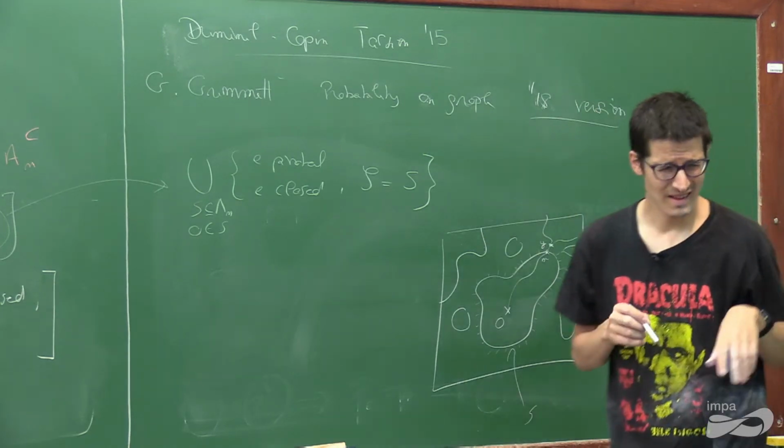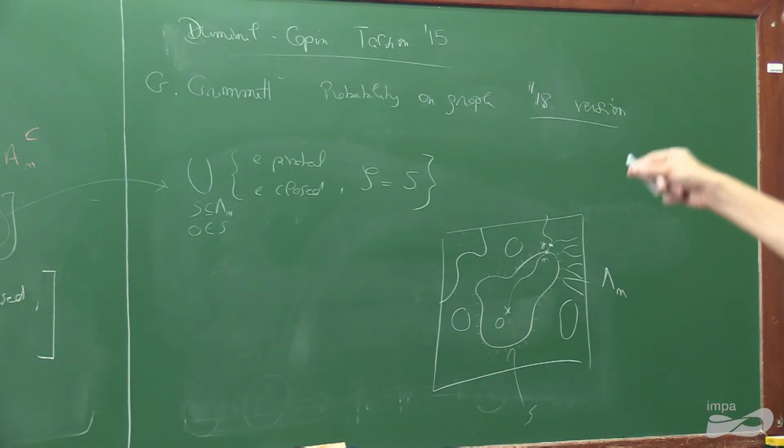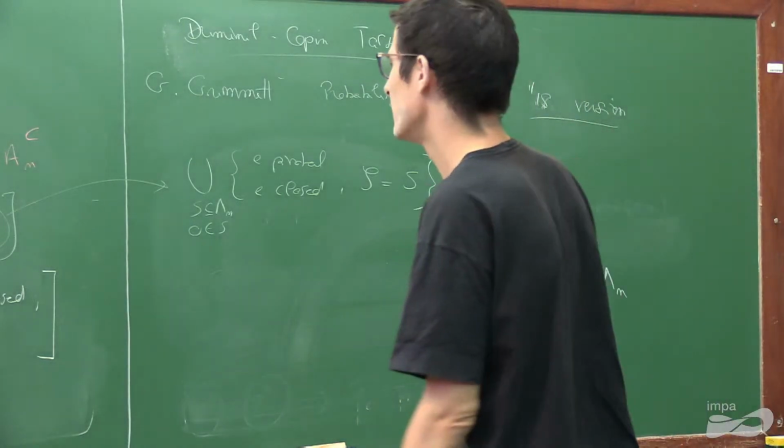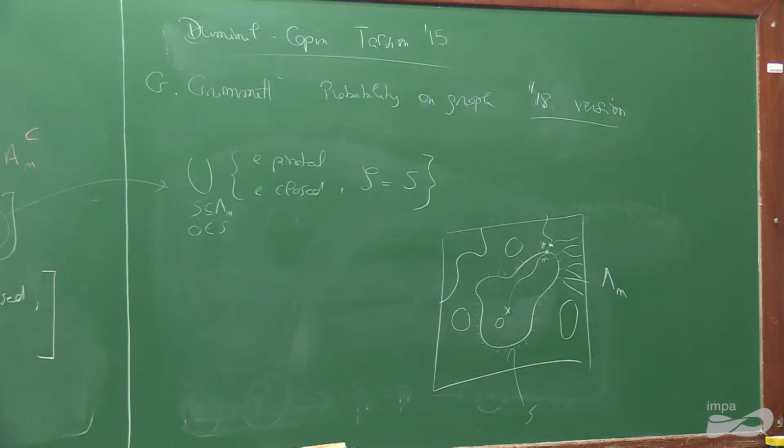Basically, before that, there was a proof of exponential decay that was relying also on Russo and Seymour-Welsh, but it was much more complicated. You can see it in the other references if you want.